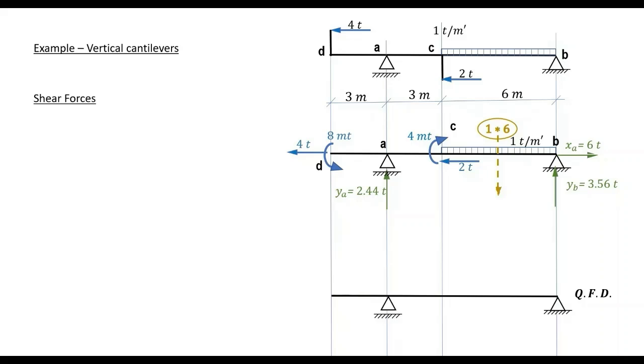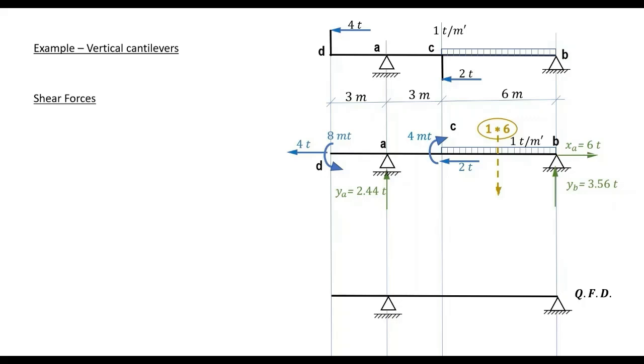Also, please note that we expect to have 2 values of shear at A due to this concentrated shear force, 2.44 tons. The difference between shear A left and shear A right will be the value of this concentrated force. So the value of the shear force between D and A is 0.